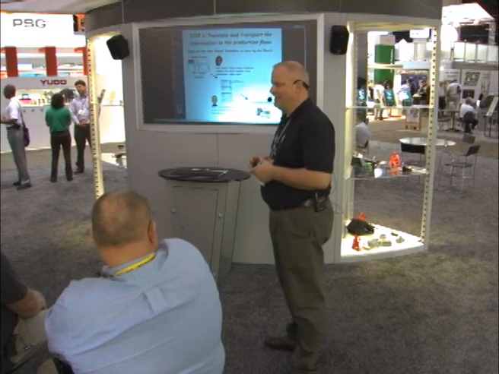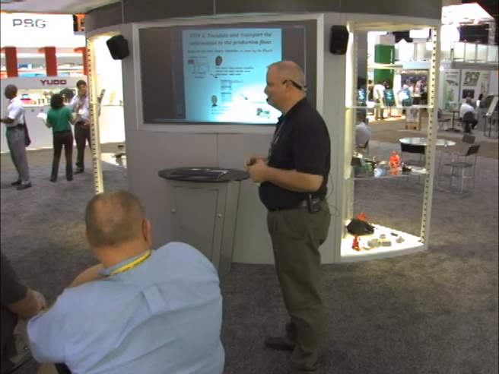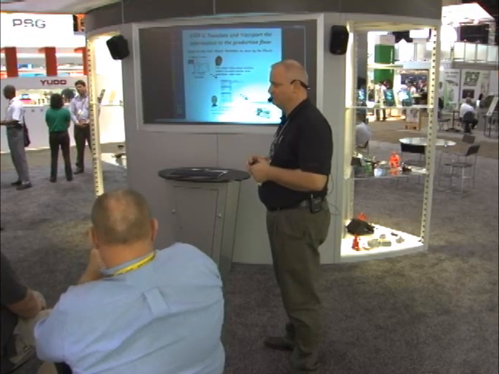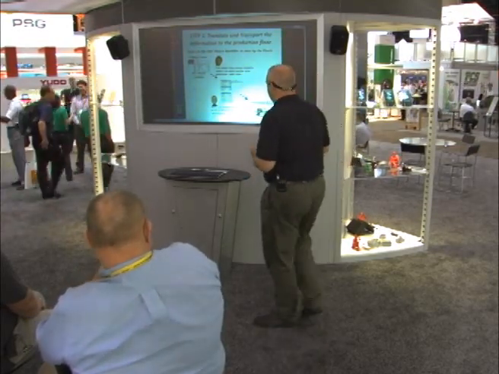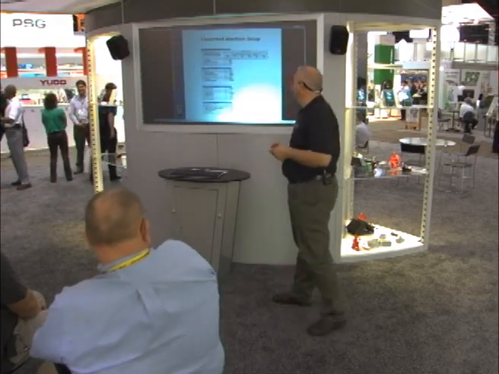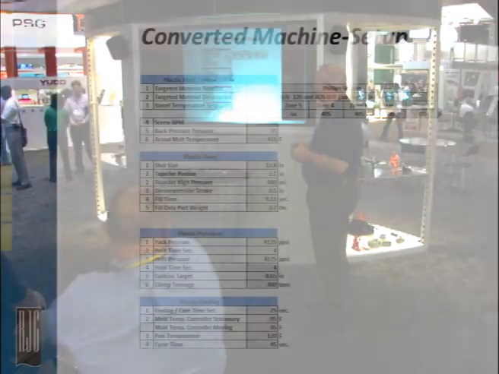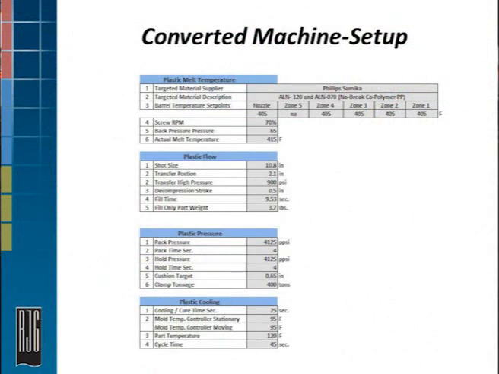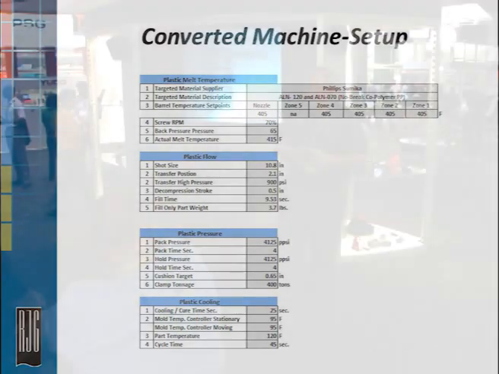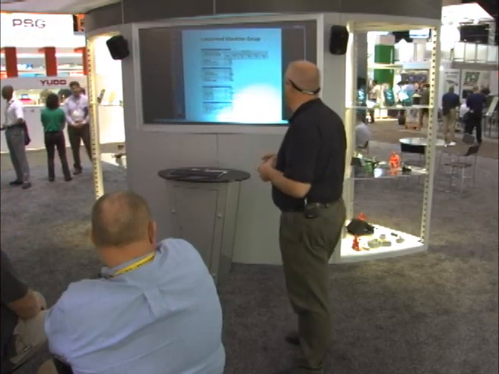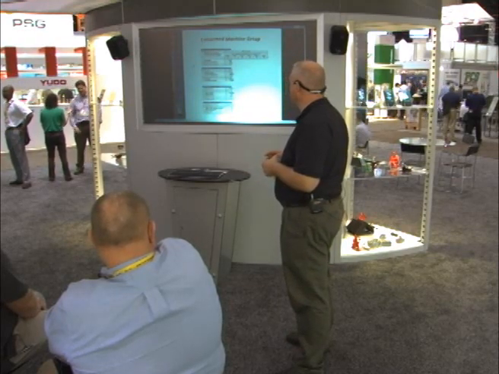Now, he has to have a little confidence in what he's being given, and sometimes that's the challenge when we talk about simulations, but validating and verifying it is where it becomes important. So here's the converted machine setups, and to some of you this may look very familiar because these are some of the elements that you actually put in the machine. So, for example, barrel temperatures, screw RPMs in percentage on this particular machine, back pressures, actual melt temperatures, which is an output, shot size, and things like that.